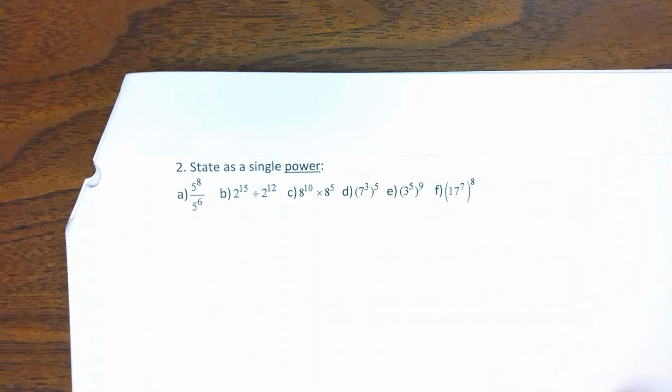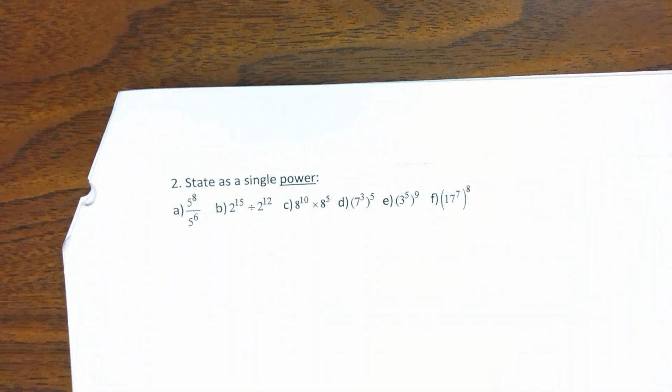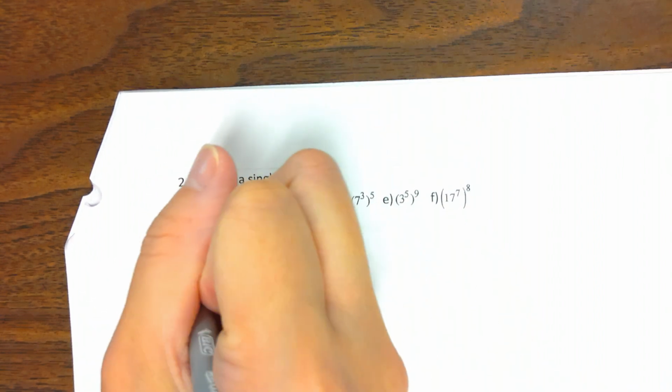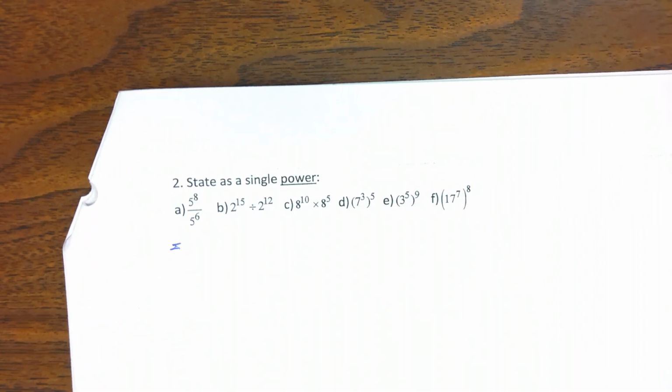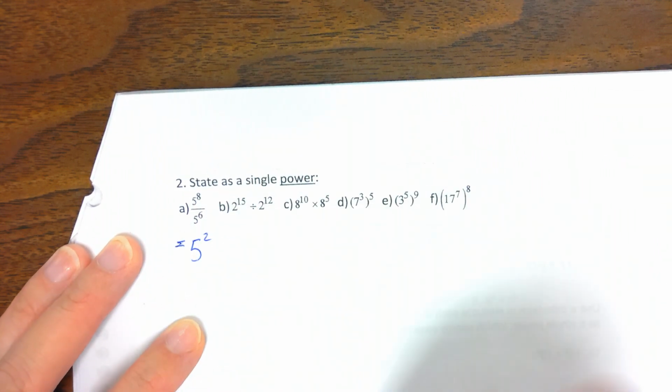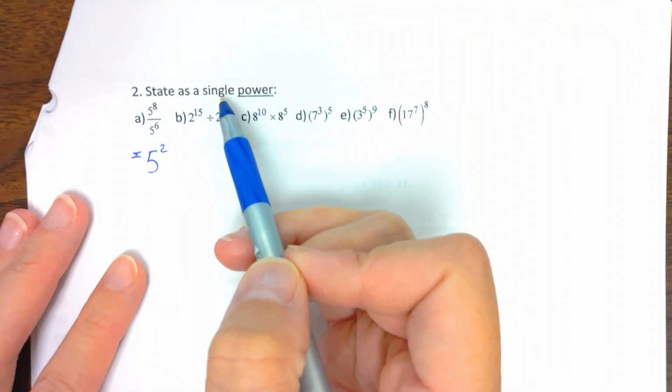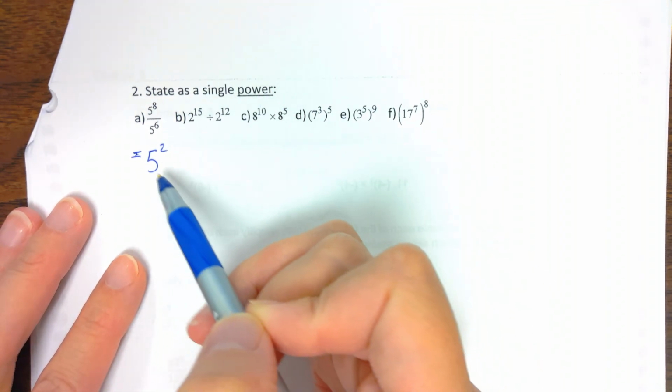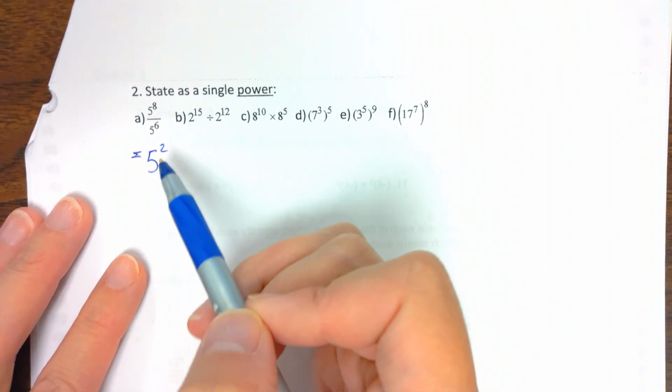Okay, let's try the divisions. Okay, number 2, 2a, what do you get? Yashika? 5 squared, good. Oh, by the way, the question asks you to write as a single power, and so you just write 5 squared and not 25.